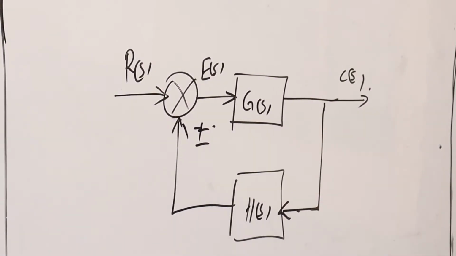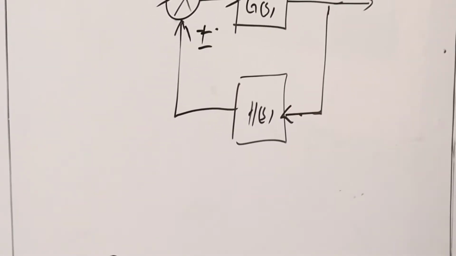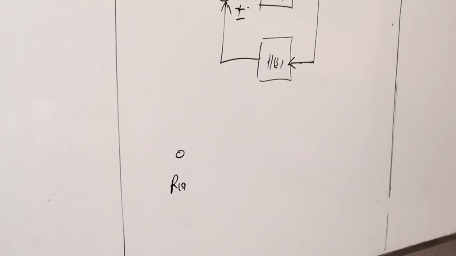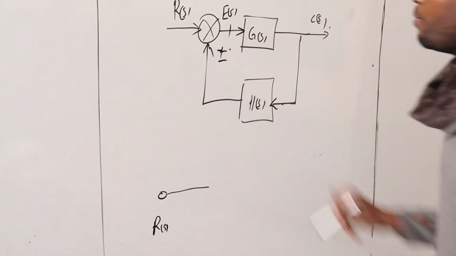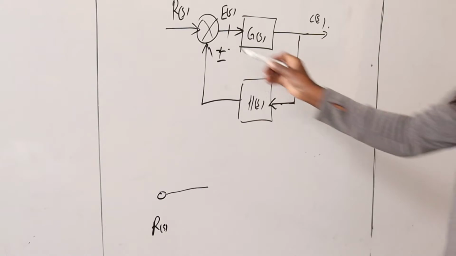So we can start by considering an input node R of S. Then after that, we have the next node, E, because at this point there is the summation.